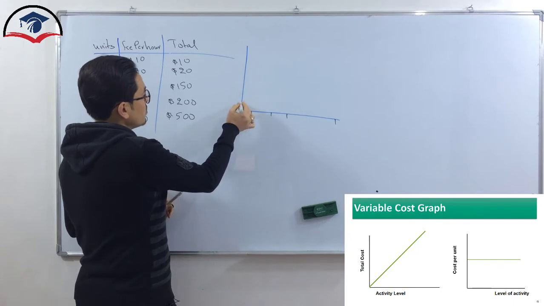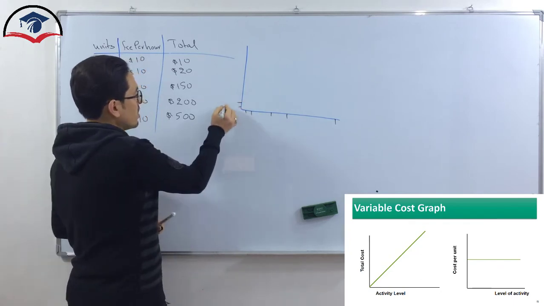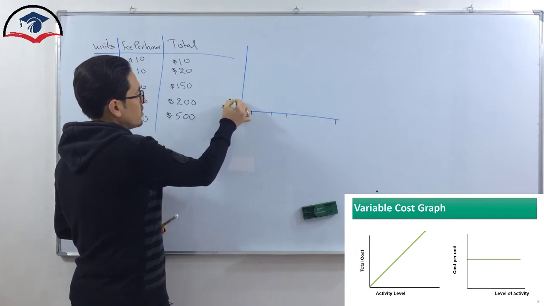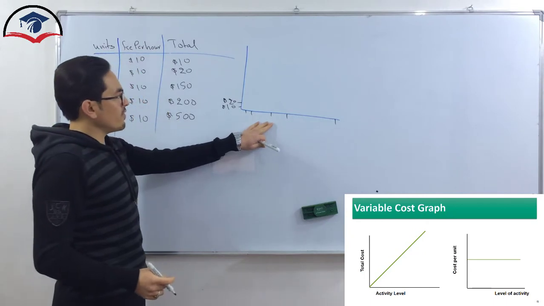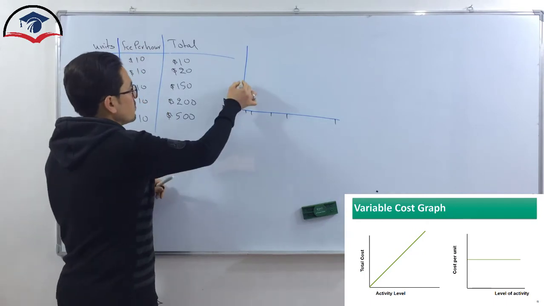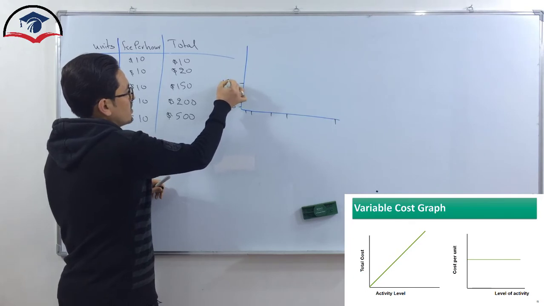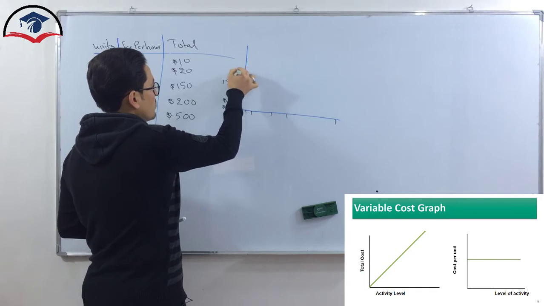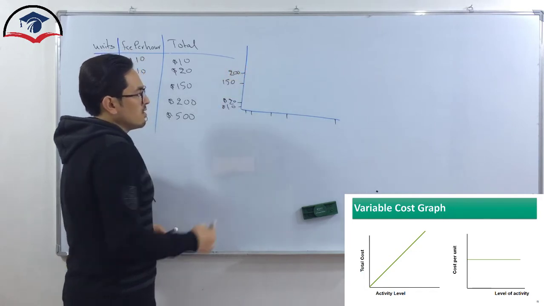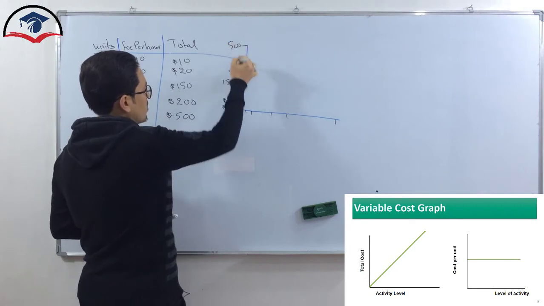For 2 units, 2 hours of lecture, here it will be $20. Let me write some of them. When it reaches 15 hours, my cost will reach $150. And when it reaches 20, my cost will reach $200. And the same, it will reach $500.